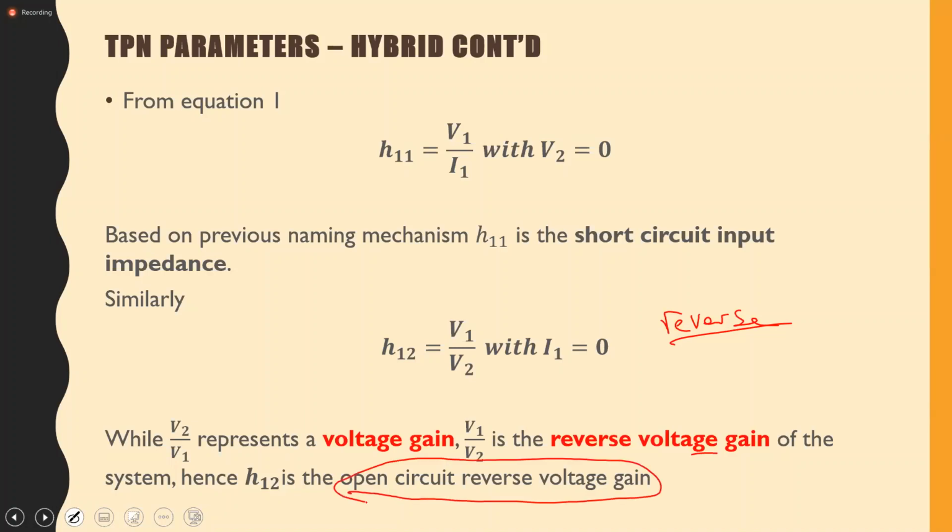All right, and so we developed that name from this. It's a voltage gain because it's a ratio of input and output voltages. Because it's input to output, it's a reverse of that voltage gain. And also, because we are finding it by making a current 0, it means that it is open circuit.